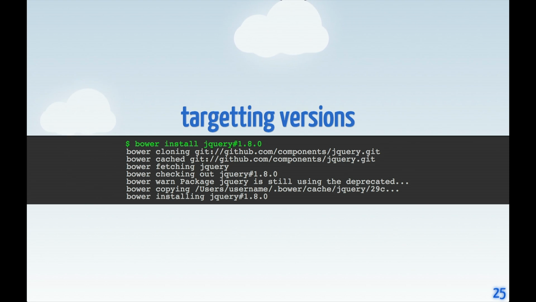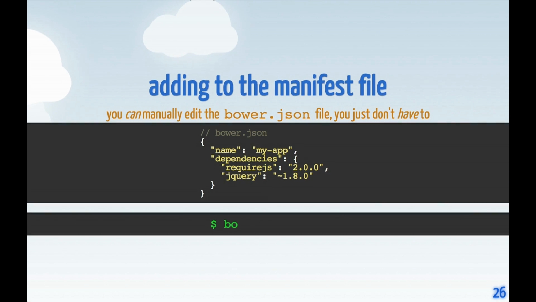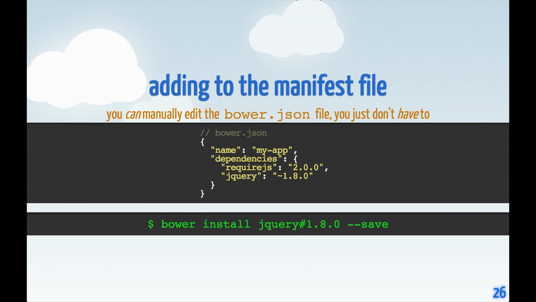So in this case, we want jQuery 1.8.0, and so we can force that. And you can manually edit it, that's fine, but we have the same as npm --save and --save-dev. And those let you just express what you want to install, but also put that into your manifest file, because chances are you not only want that now, you're going to want that anytime you recreate this project or someone else clones this project and gets that.